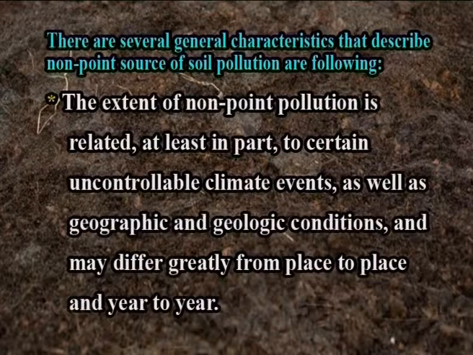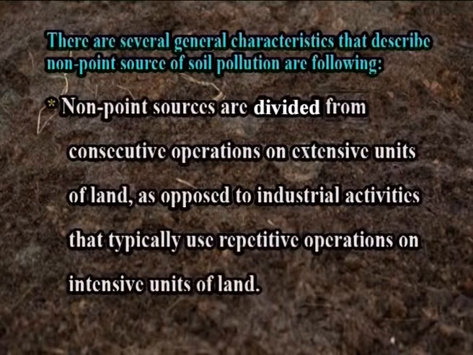The extent of non-point pollution is related at least in part to certain uncontrollable climate events as well as geographic and geologic conditions and may differ greatly from place to place and year to year. Non-point sources are derived from consecutive operations on extensive units of land, as opposed to industrial activities that typically use repetitive operations on intensive units of land.